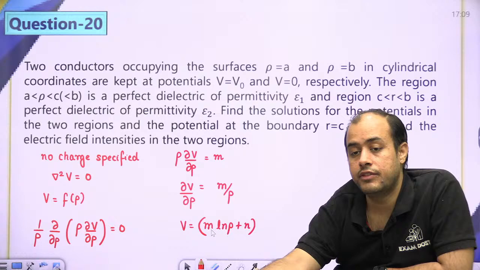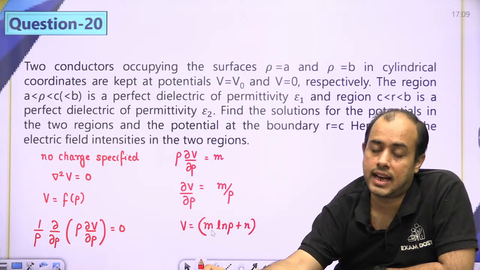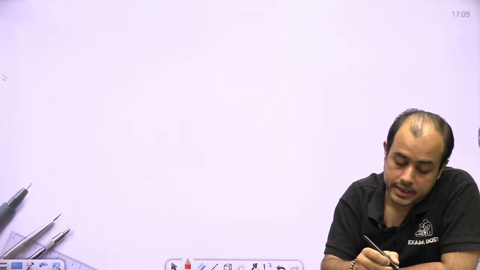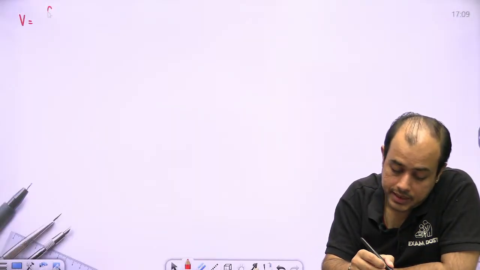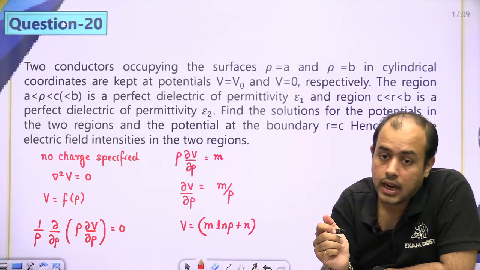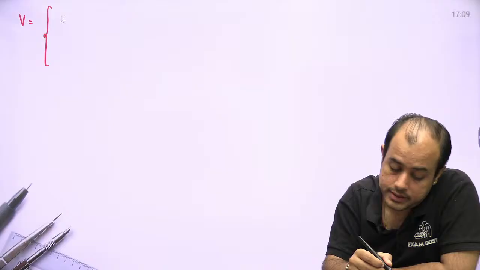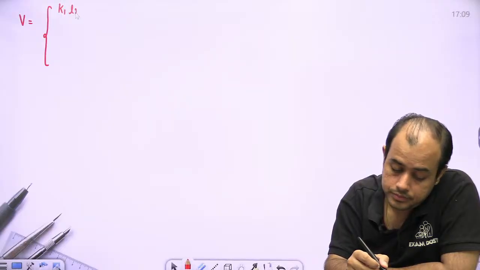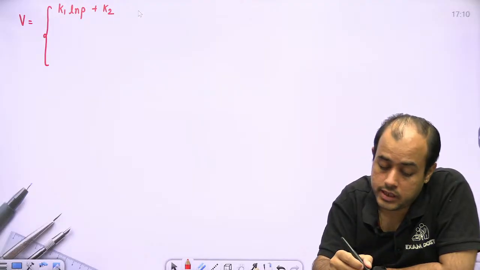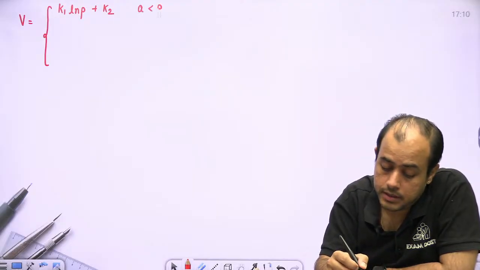But now if you see one more thing, we have divided the dielectric into two parts. So in the two parts beta, we have to define the separate potential function. Now I can take k1 log rho plus k2. Function will be same, but this k1, k2 will change from A up to C.